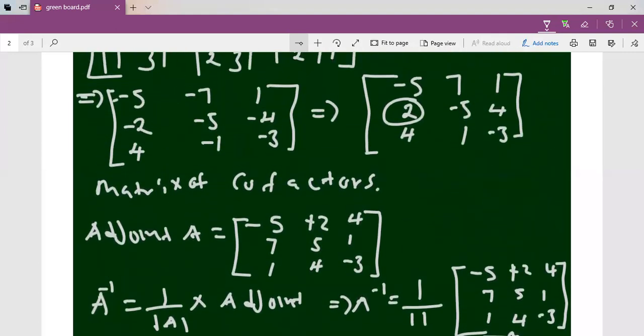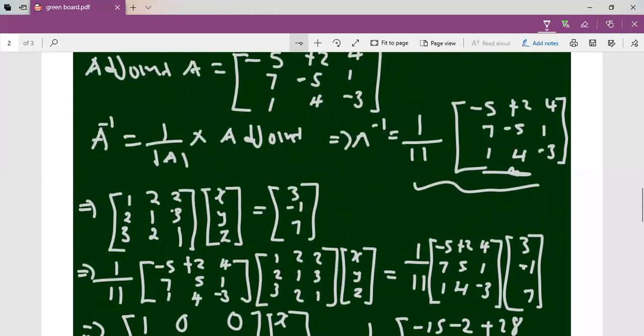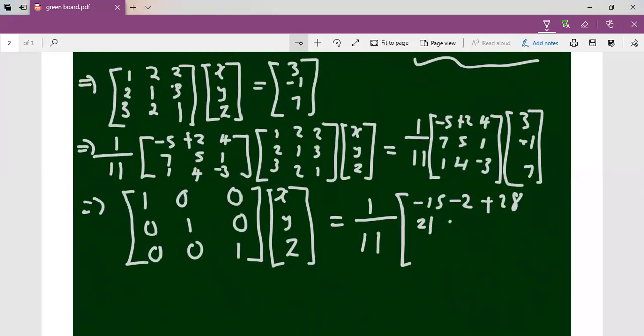Again, you can check that this is supposed to be negative, and that must be negative. It's very easy to make those mistakes. So -5 by -1, we get +5.